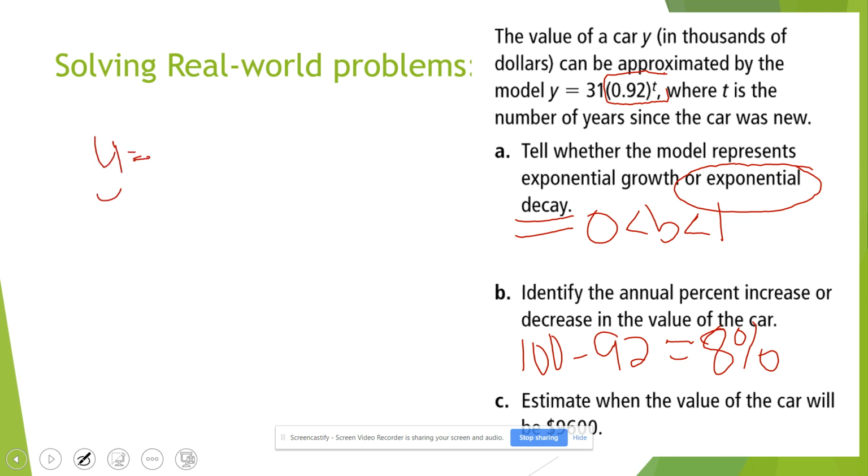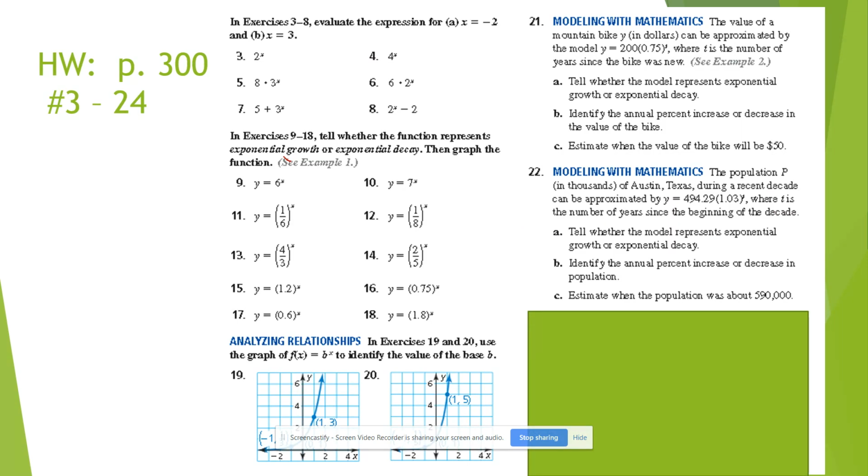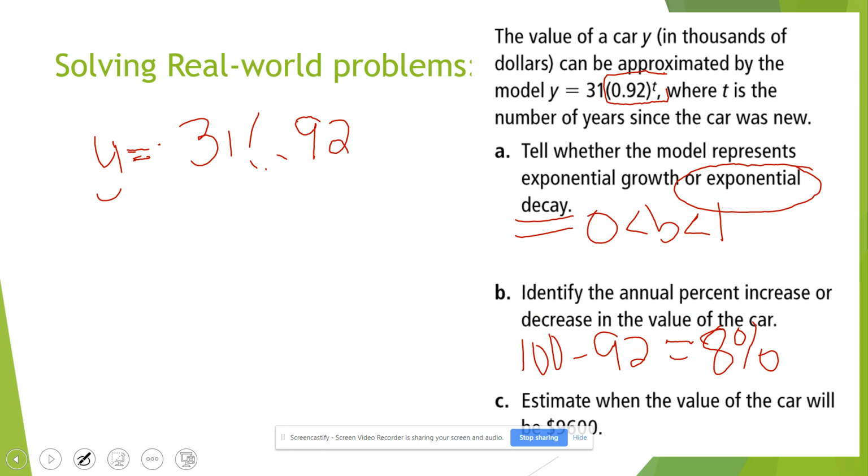So in your calculator, we will do 31, and then we'll have 0.92, and then we're filling in this value up here with what you think it'll be. So I'd say maybe try 11 or 12 to start with. And keep going until you get as close to 9,600 as you can.